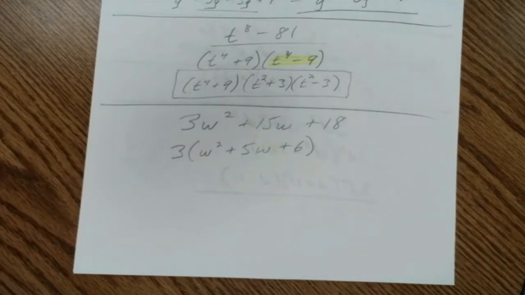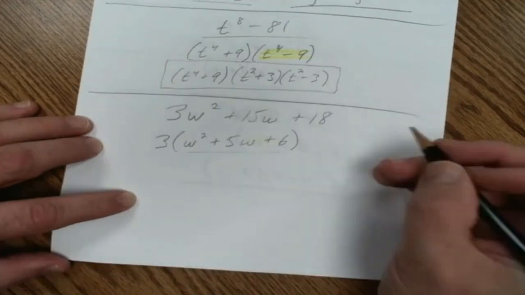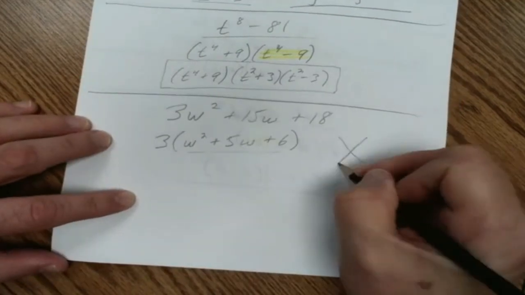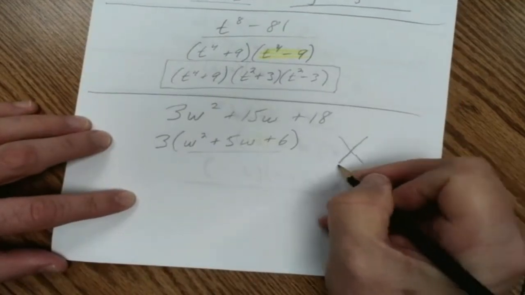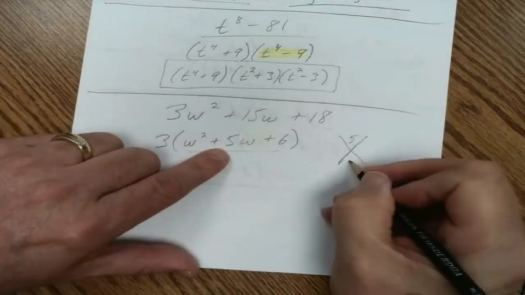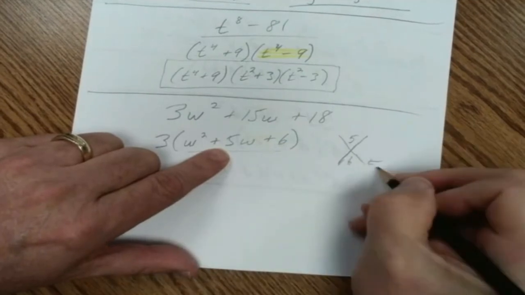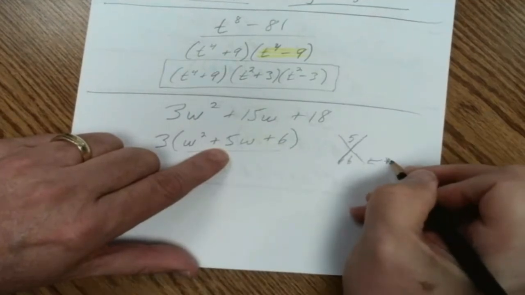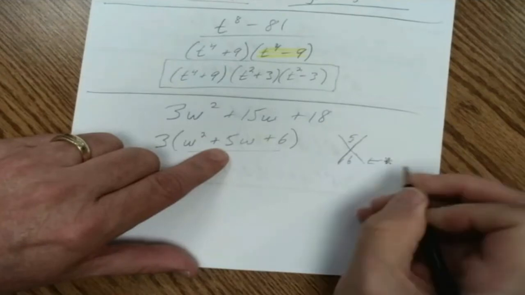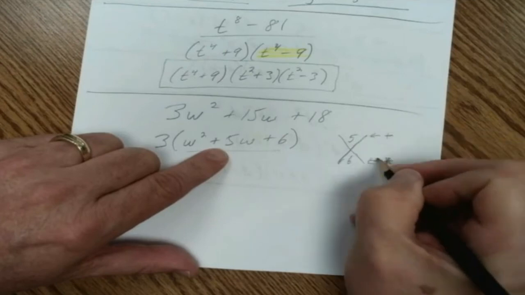All right. This can be factored further because I'm going to use the X method. When you put this little X method on top, I'm going to put this and the 6 underneath. I need it to multiply to be 6 and add to be 5.